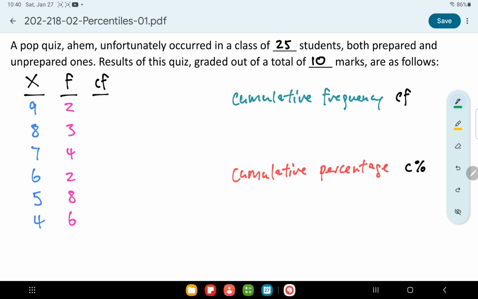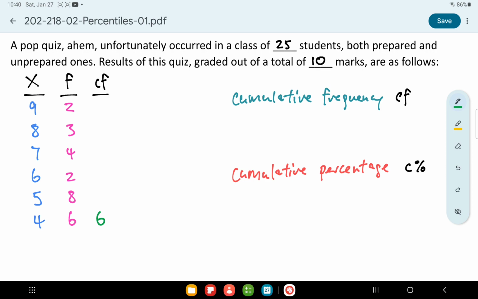As we've already touched upon, there are 6 individuals scoring 4 out of 10 on the quiz. We indicate the number 6 to start with. Now, what about the cumulative frequency relevant to the score of x equals 5?